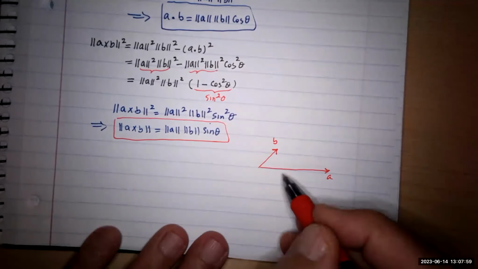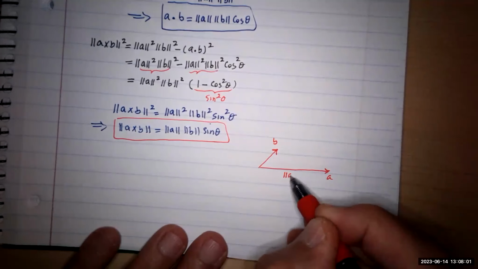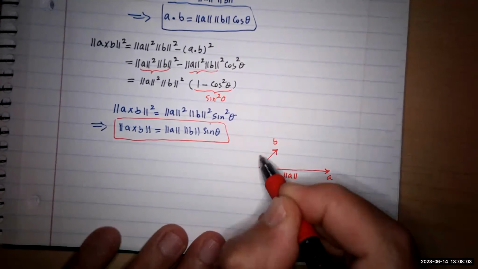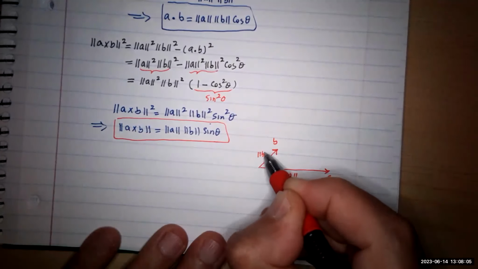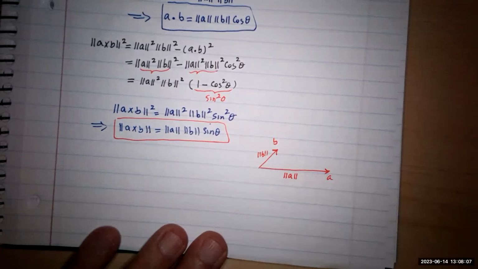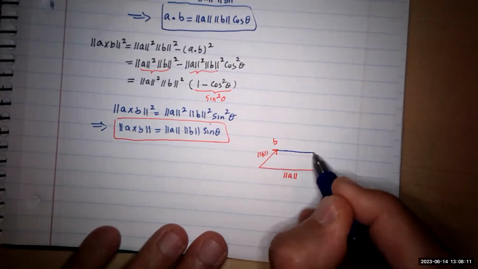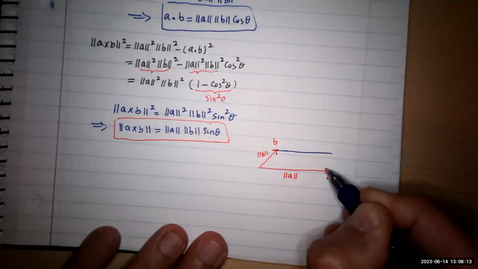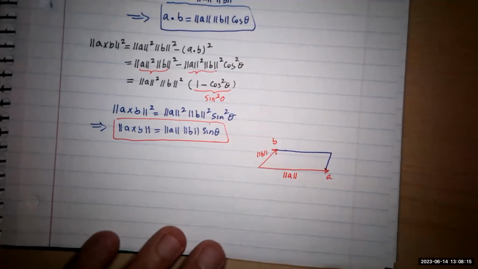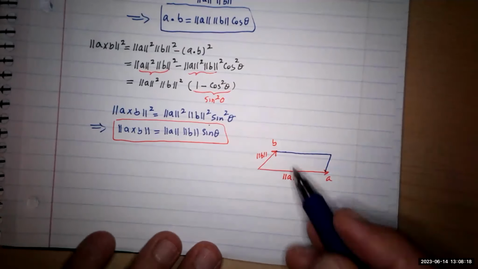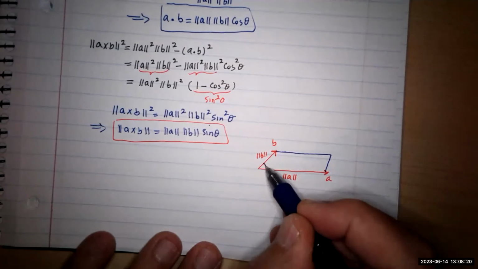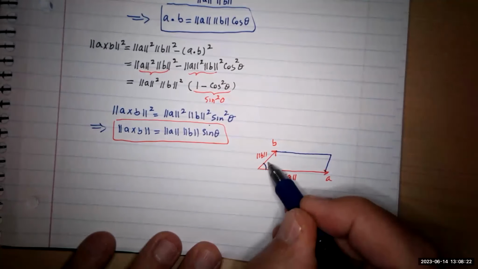This portion over here is the norm of A, and this is the norm of B. If you make a parallelogram here, and the angle between these two is theta, this is the one that we have.